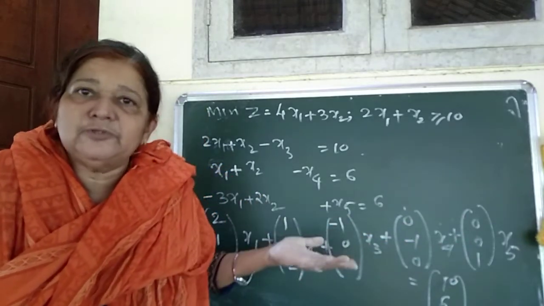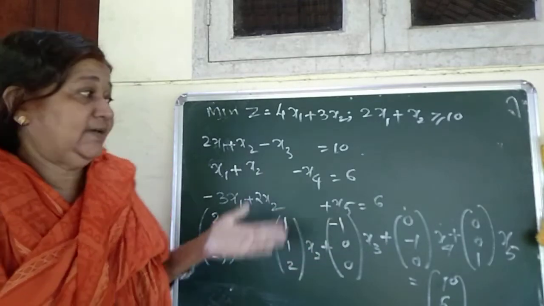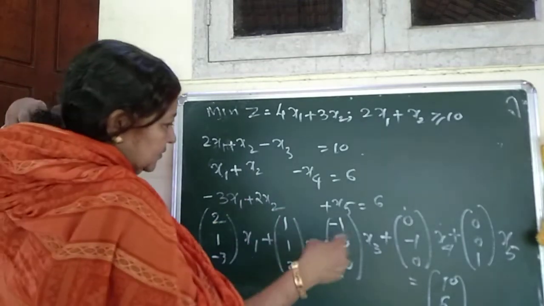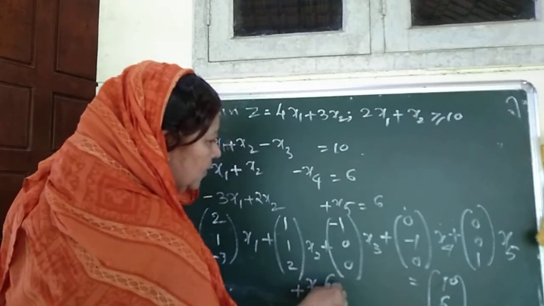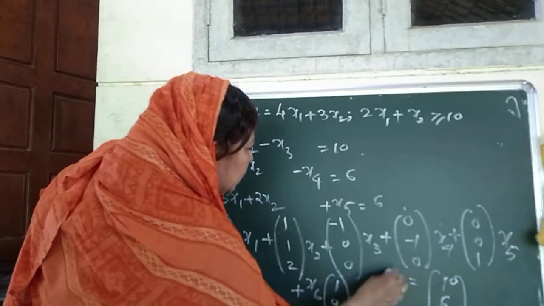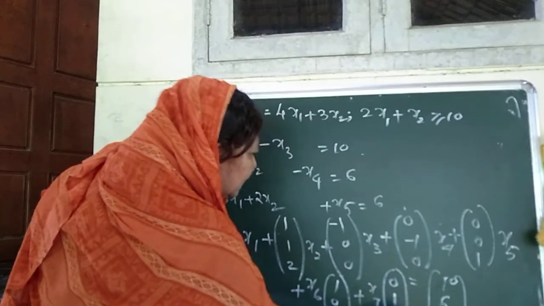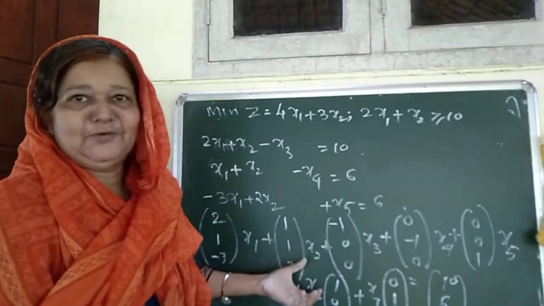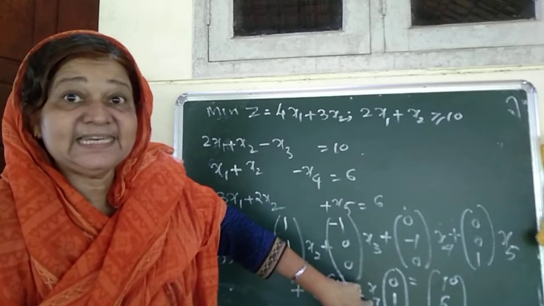So we have to introduce two artificial variables, that is x6 and x7. So it is plus x6 into 1, 0, 0 plus x7 into 0, 1, 0. So it is the standard form. Okay. So we introduce two artificial variables x6 and x7.